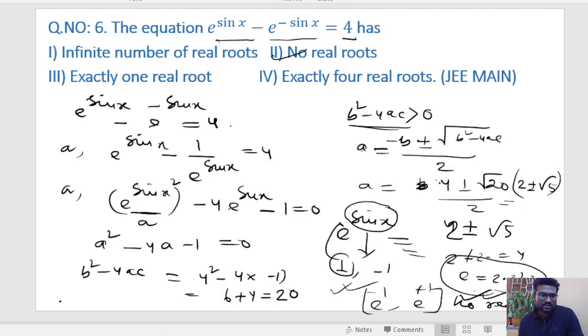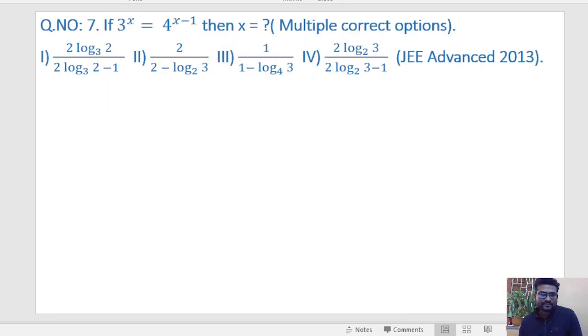Let's do another question. This question is very important for JEE Advanced 2013, and this is a very easy question for the students. 3 to the power x equals 4 to the power x minus 1.